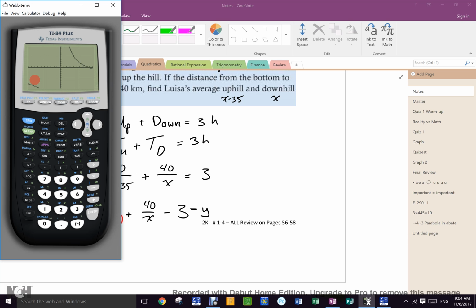Why? Time isn't negative, and distance isn't negative, is it? So we don't even have to care about this part of the curve. Since we only care about positives, we can change our window to get rid of all of our negatives, yes? Now are we happy? What am I trying to find?